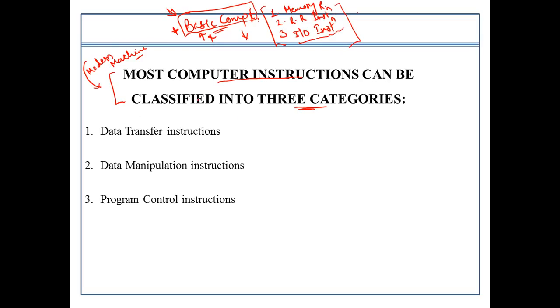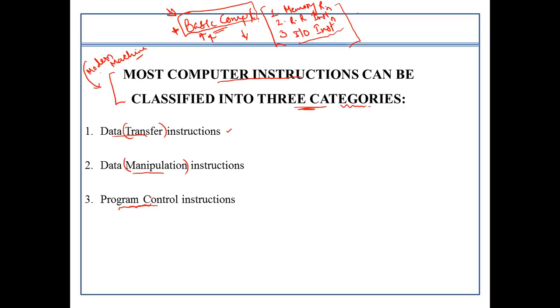But when we talk about modern machines or simple computer instructions, their categorization falls into three forms only. These forms are data transfer instructions, data manipulation instructions, and program control instructions. Now in the upcoming slides, we are going to describe in detail what we mean by data transfer instructions, data manipulation, and program control instructions.